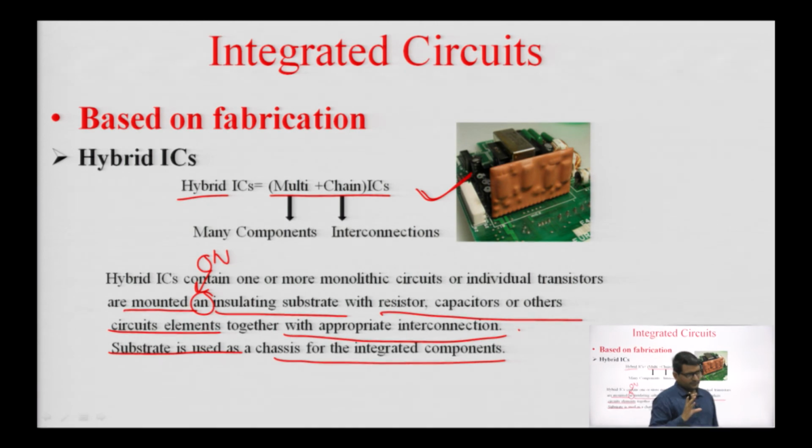We see hybrid integrated circuits in a high power audio amplifier, which is generally made with this technique. A hybrid integrated circuit has two parts: one is the thin film IC, the other is the thick film IC, depending upon the method by which we make the IC.